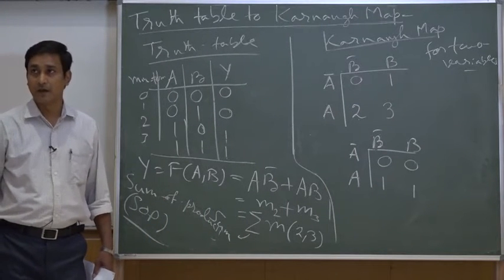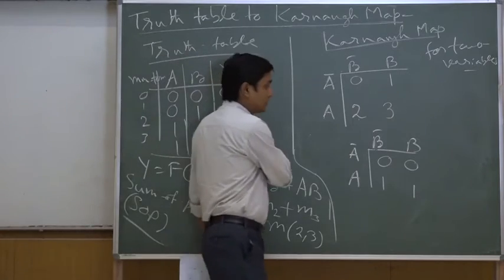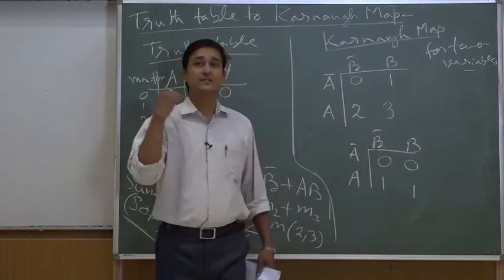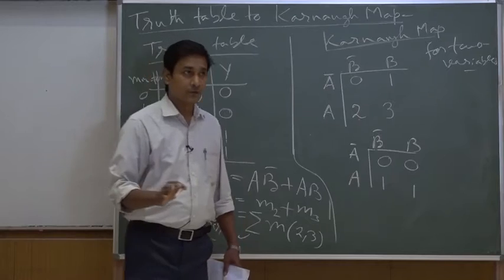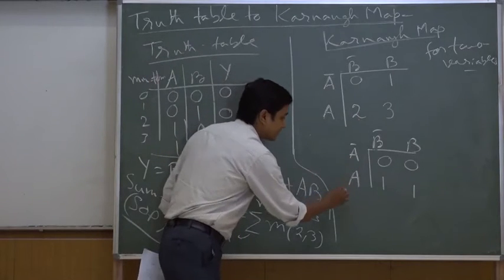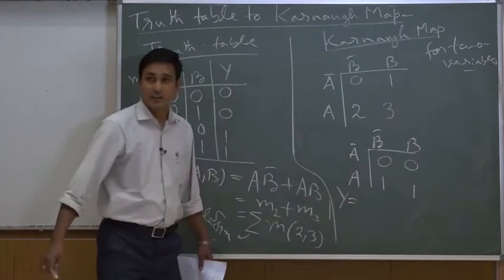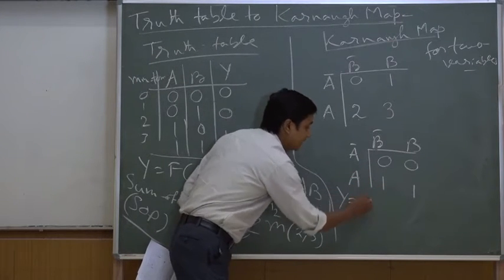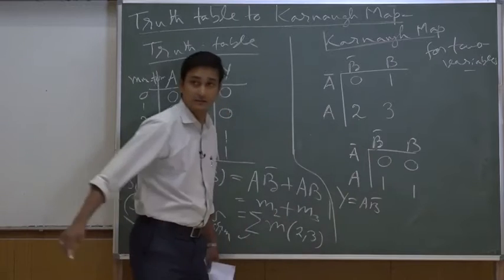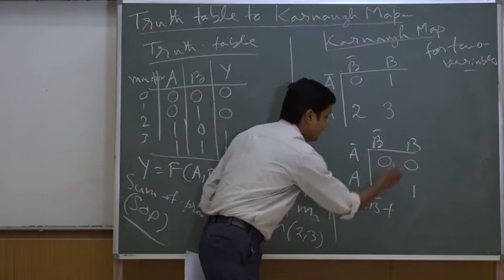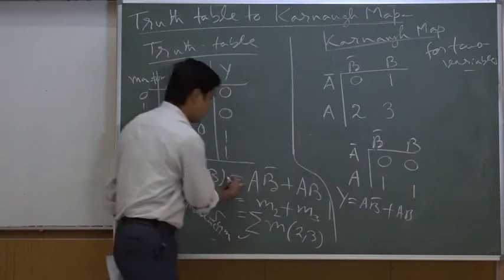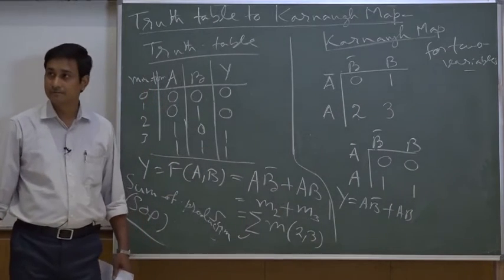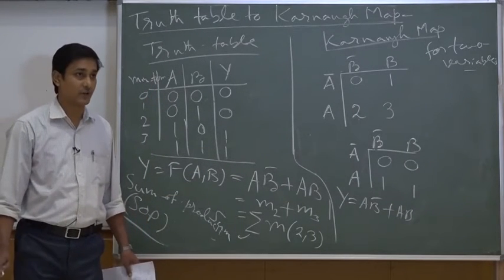Now, if the truth table is not with you but the Karnaugh map is, then everything is set. How? If I ask you to write the expression for output y, you look at where the ones are: A B bar plus A B, straightforward.